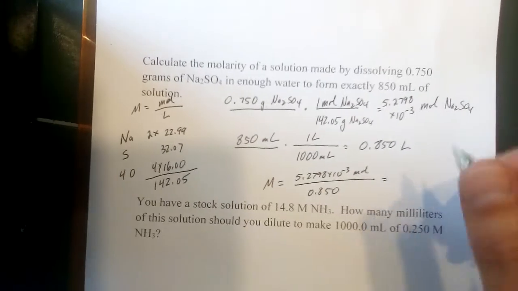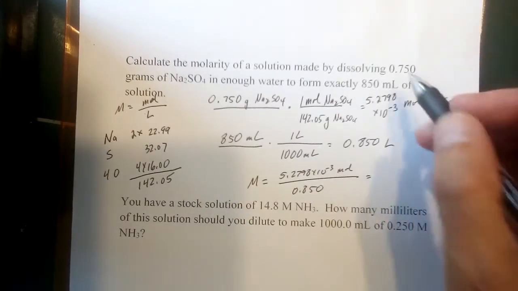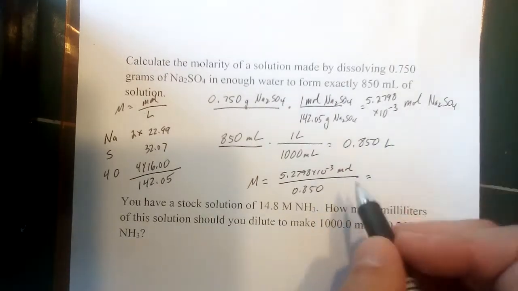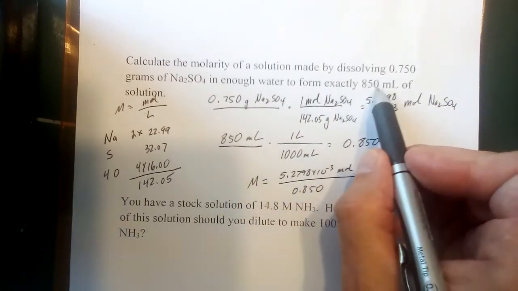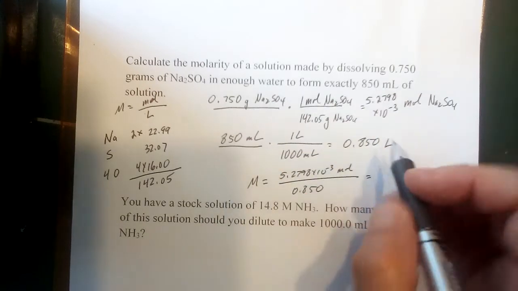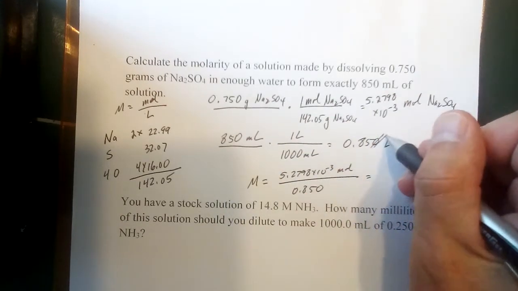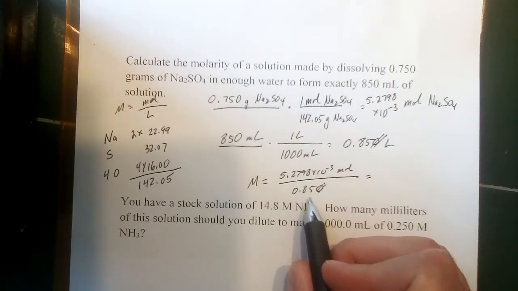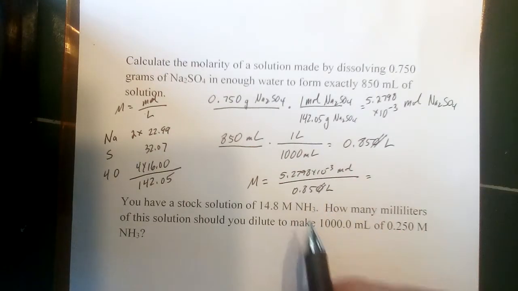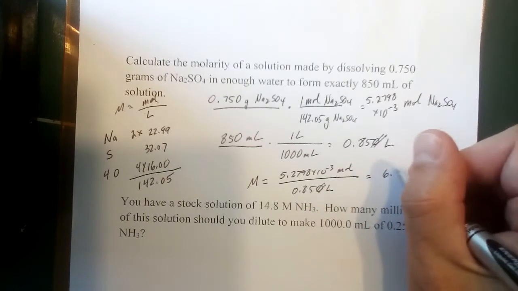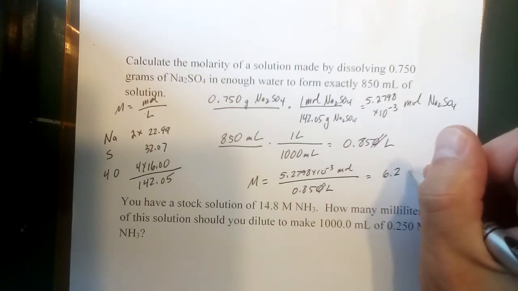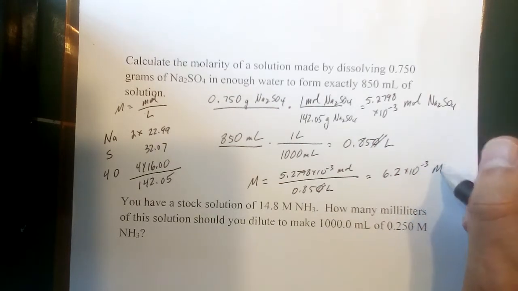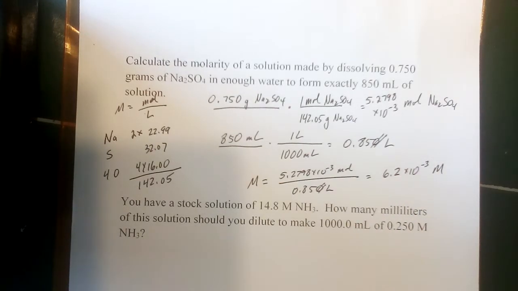And now I do want to round to 3 sig figs because, actually no, I want to go to 2 sig figs because this 850 did not have a trailing decimal, so this 0 actually should not be there. When we turn that into liters, that's really a 2 significant figure volume there in terms of liters, so our answer should just be 2 significant figures. 6.2 times 10 to the minus third would be the molarity of this solution.